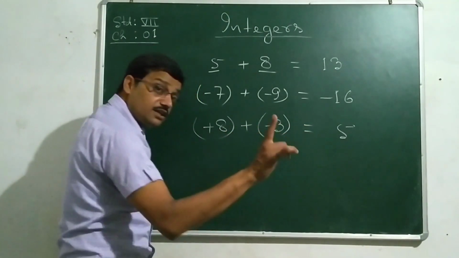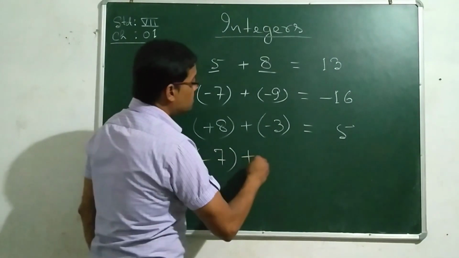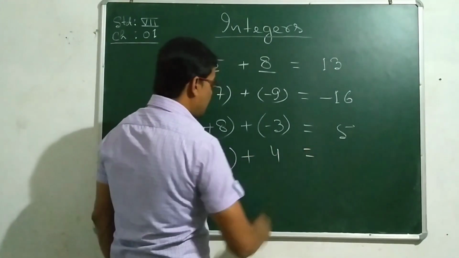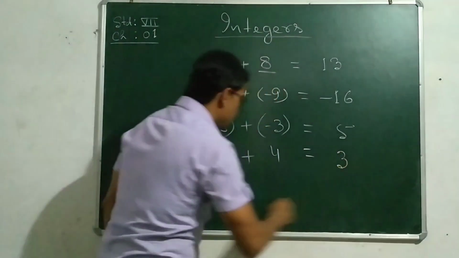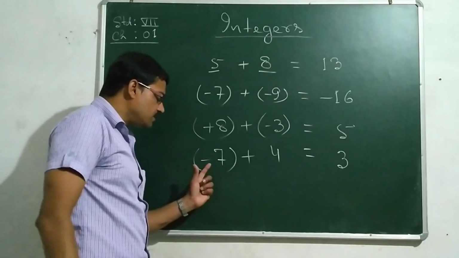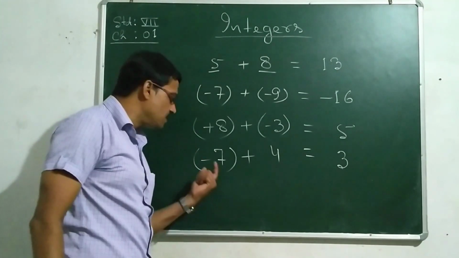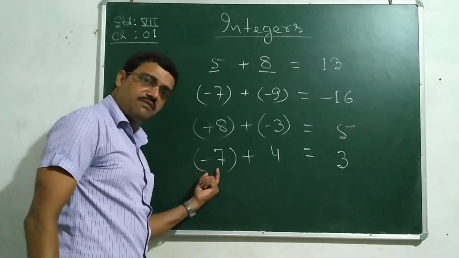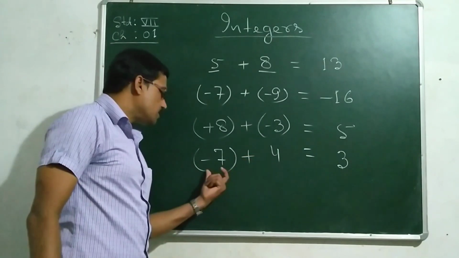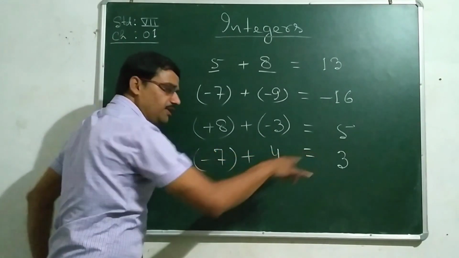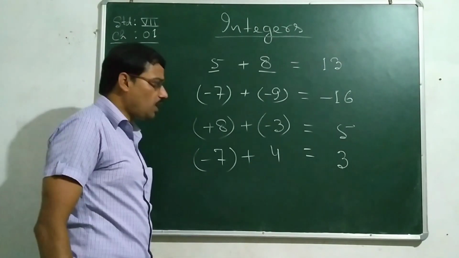If we take another case, -7 plus 4, the actual difference is 3, but the sign will be negative, as 7 is the greater number in actual value. That's why the sign of 7 will appear with the result. I think it's clear to you now.